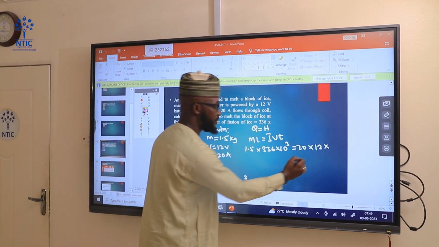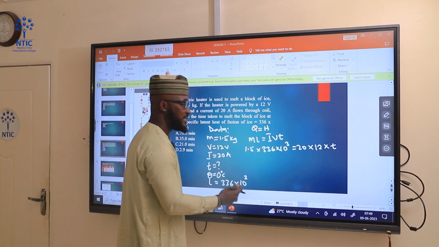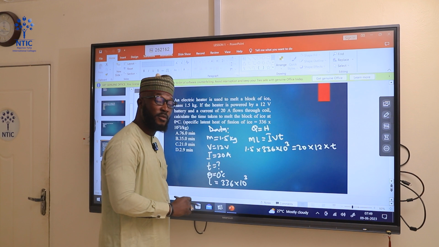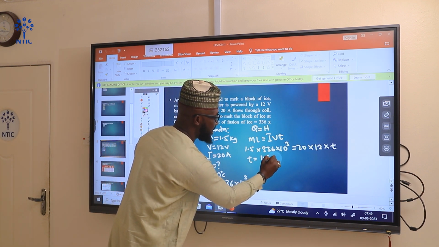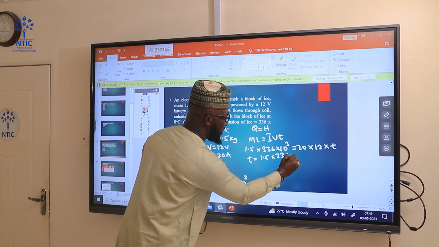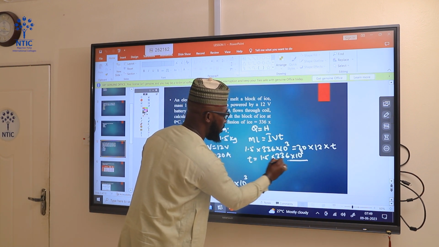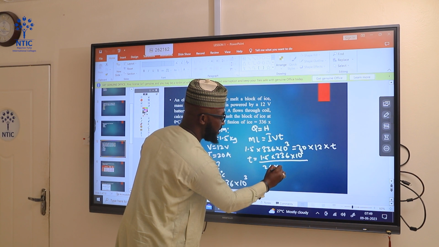T is unknown. You can decide to just make t the subject of the formula directly, saying t is equal to 1.5 times 336 times 10 to the power of 3 all over 20 times 12.